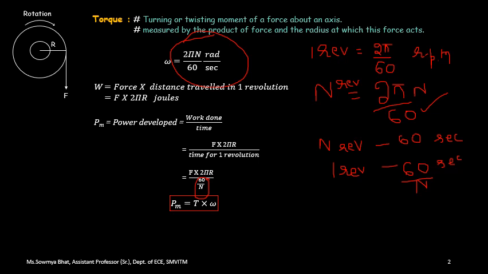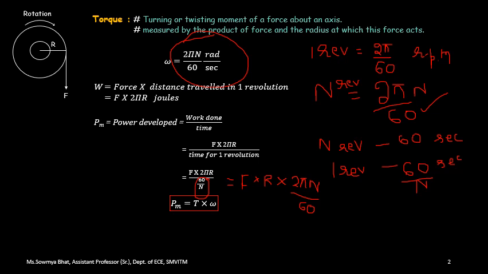If you look at this expression, it can be written as F into r into 2 pi n divided by 60.